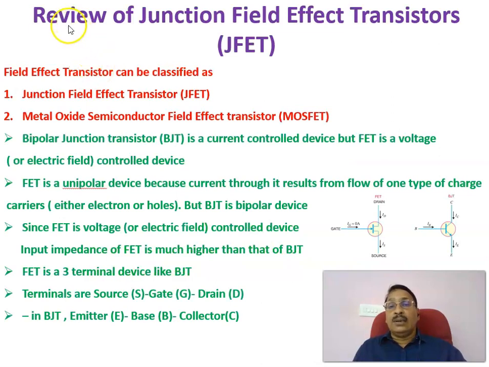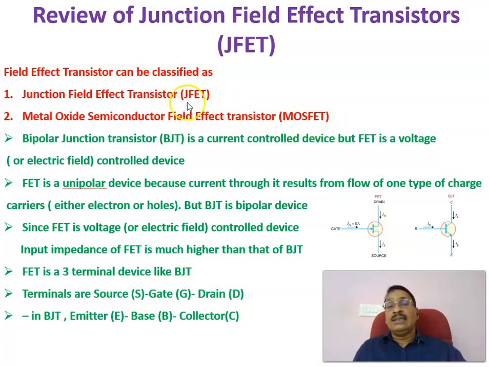Coming to the review of junction field effect transistor. Now let us see, field effect transistors are classified into two. One we call junction field effect transistor, or normally JFET. The second type is the metal oxide semiconductor field effect transistor, or MOSFET.